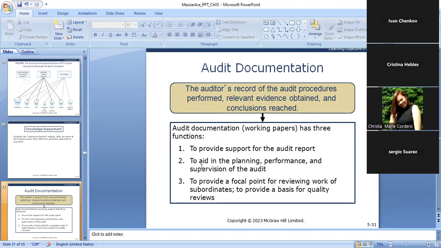Three functions: to provide support for the audit report, to help the planning, performance, and supervision of the audit, to provide the focal point for review work of the subordinates, and to provide the basis for the quality review.